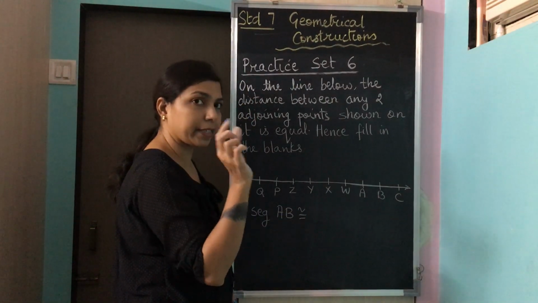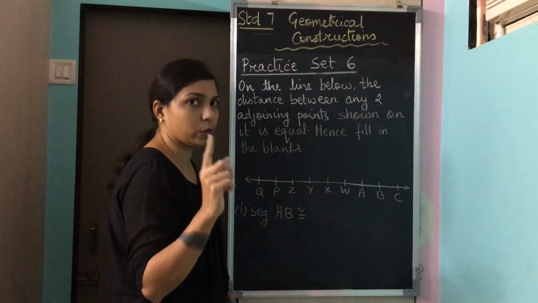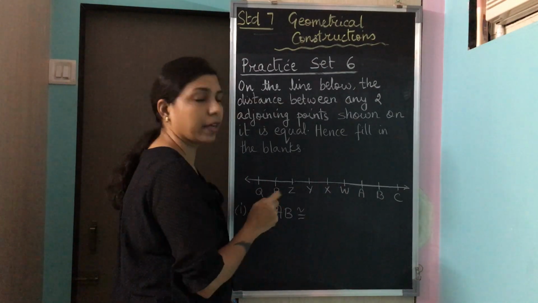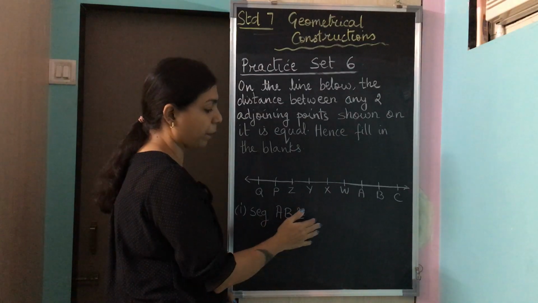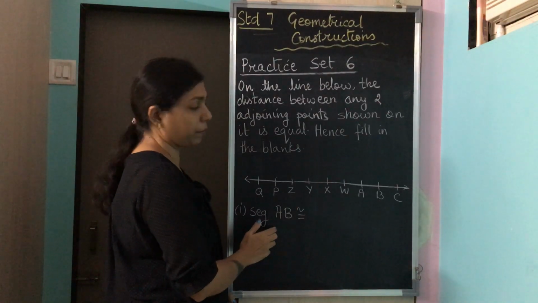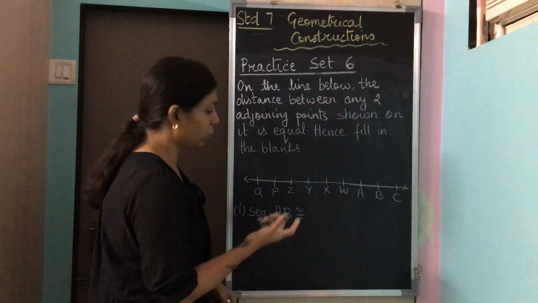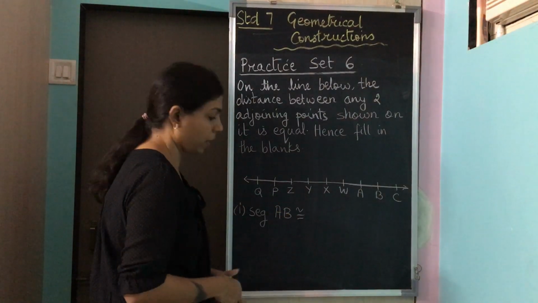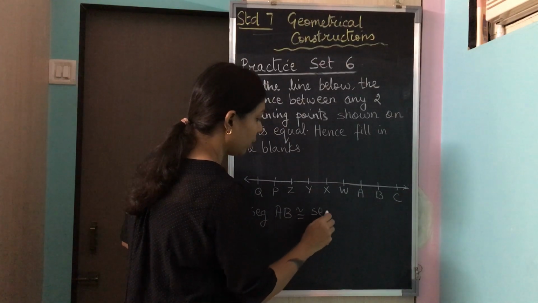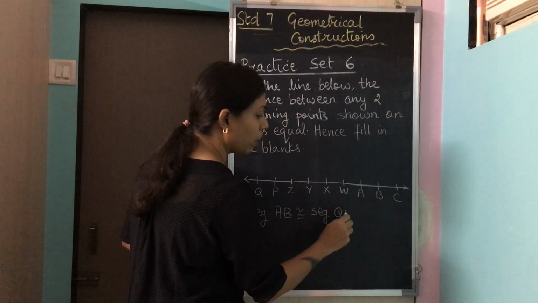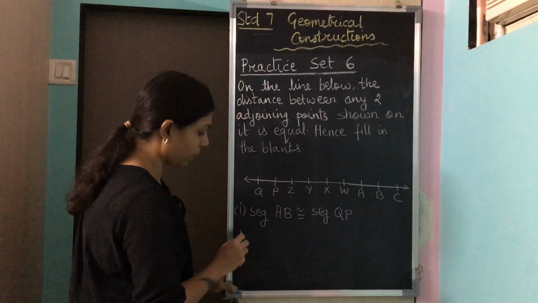All these tiny parts are only made up of one unit. So I can select any one part as per my choice and say that that part is congruent to segment AB. Okay, so I am selecting this first part. I am going to write segment AB is congruent to segment QP.